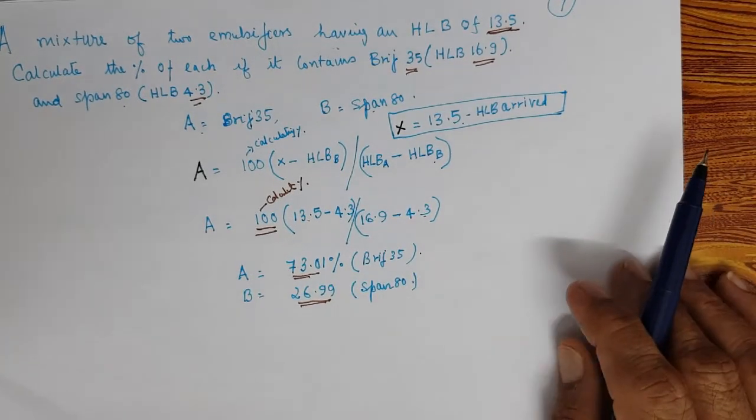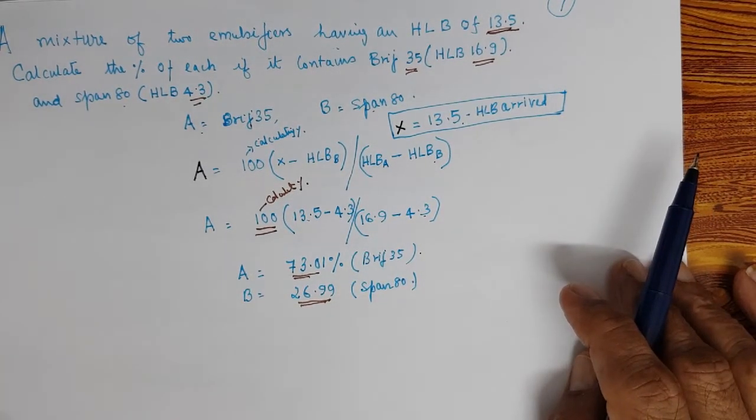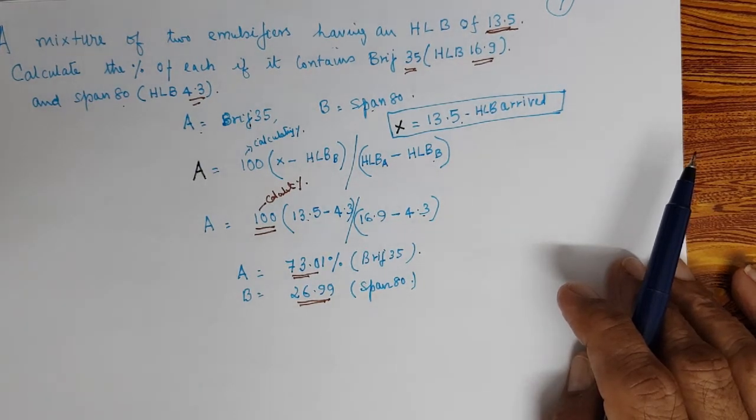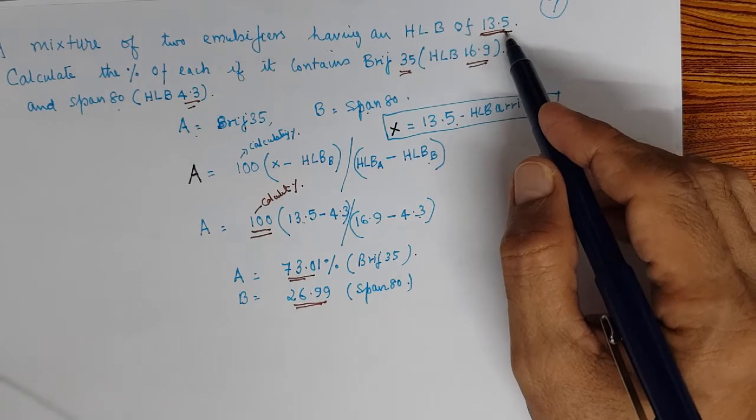You calculate the HLB of your formula, and you find that the HLB required for the formula is 13.5, and you want to use two emulsifiers, Brij 35 and Span 80. Then in what ratio do you have to use them, the appropriate ratio, so that you arrive at an HLB of 13.5?